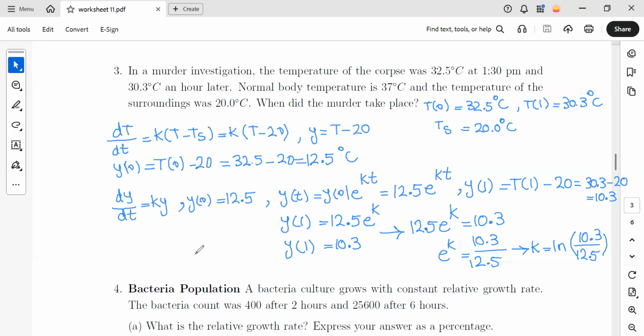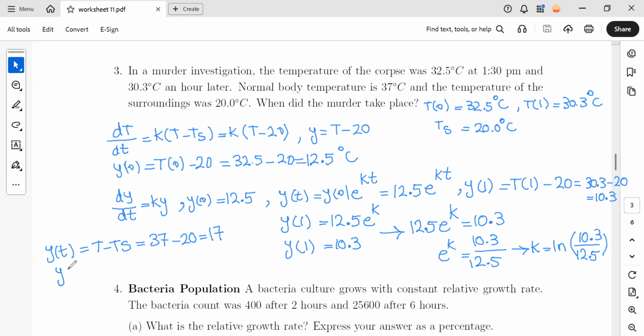Also, we know that the murder occurred when y of t is T minus T s. T in here is 37 based on the question, minus the surrounding, which is 20. It means that y of t is 17.